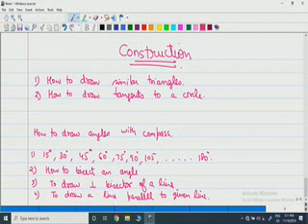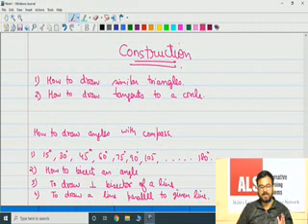So my question to all of you is that how many of you are well versed with these four things? Like you know each and everything in these four points. Draw any angle of multiple of 15, how to bisect the angle, how to draw the perpendicular bisector of a line, and how to draw a line parallel to the given line. How many of you have no doubt in these? Five students are present. Out of five, see, we will start from the basic. That's not an issue. But I just want to know that how many of you already know these things.